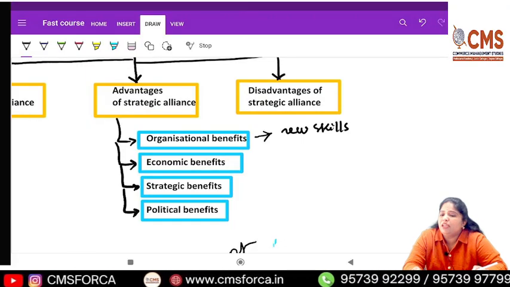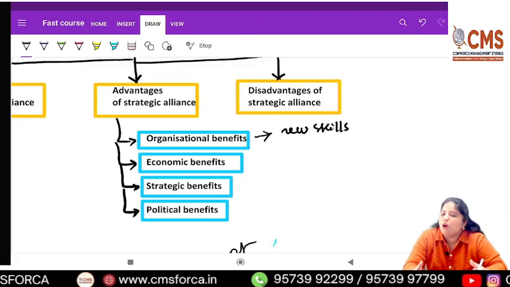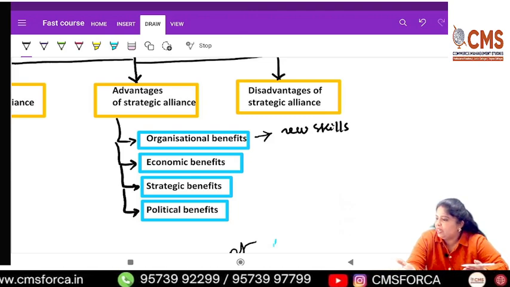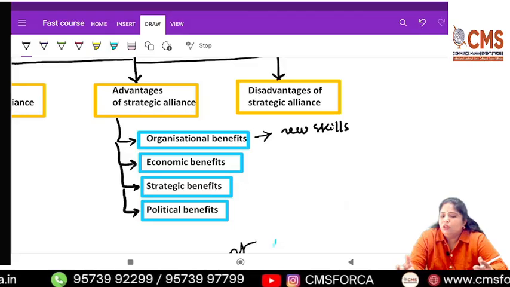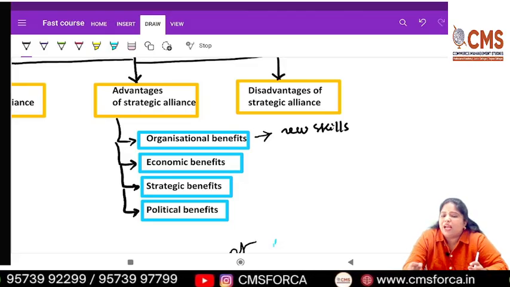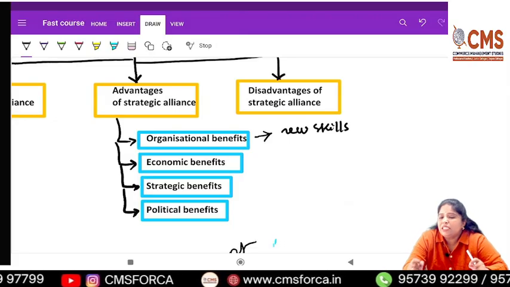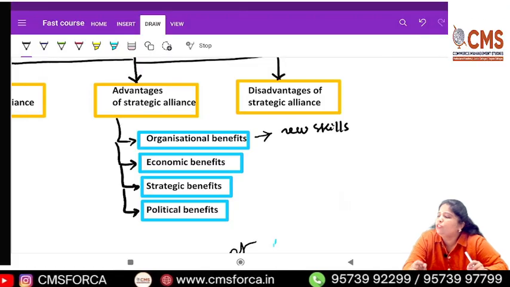They can share their resources. They can have strong distribution channels. Their manpower can be shared. So they can have good collaboration, so that the ultimate purpose can be effectively achieved. That is the organizational benefit we talk about.